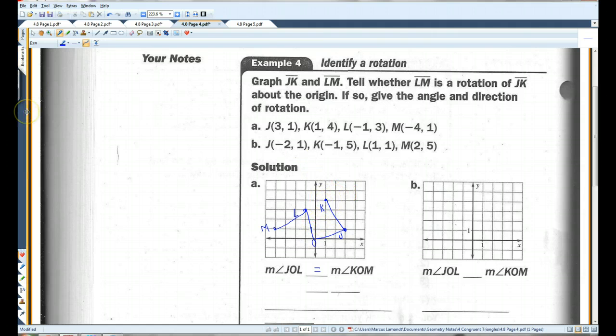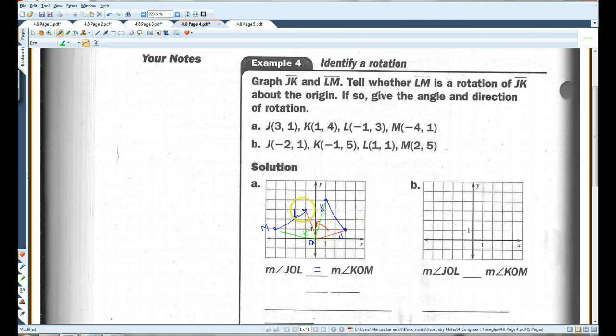Let me use different colors for this. This angle is equal to this angle. And you can kind of tell this because the triangles are congruent. Okay?